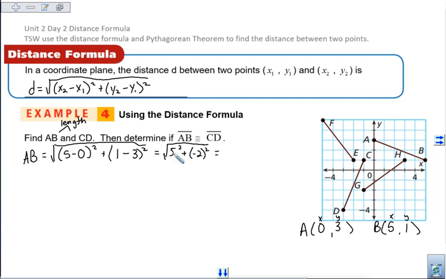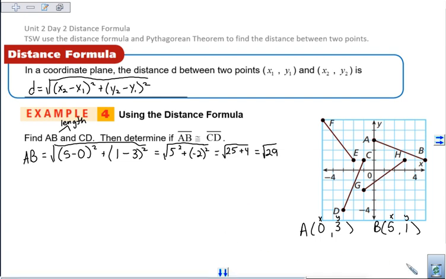So next up, 5 squared is 25, plus negative 2 squared is a positive 4. We need to put that square root back, equals the square root of 29.